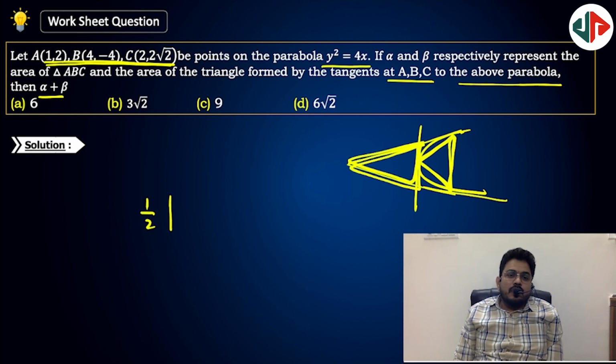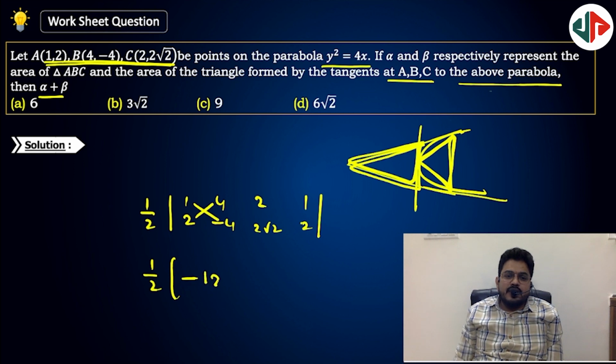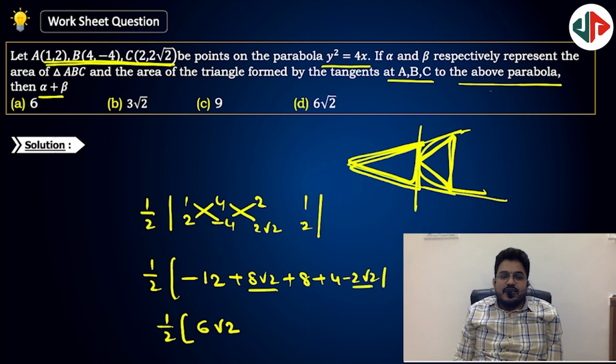Of (1, 2), (4, -4), (2√2, 1)... 1/2 times of (-4 - 8 - 12) plus 8√2 plus 8 plus 4 minus 2. 1/2 times of 8√2... this is 6√2. 12 is cancelled. So this value will be equal to 3√2. This answer is equal to 3√2 area.